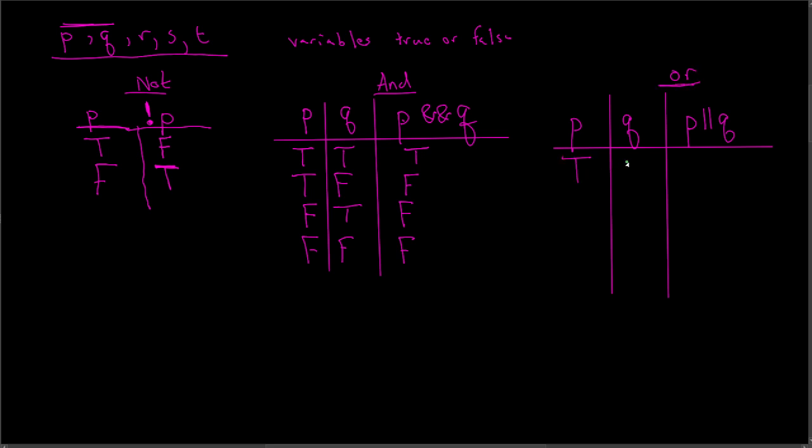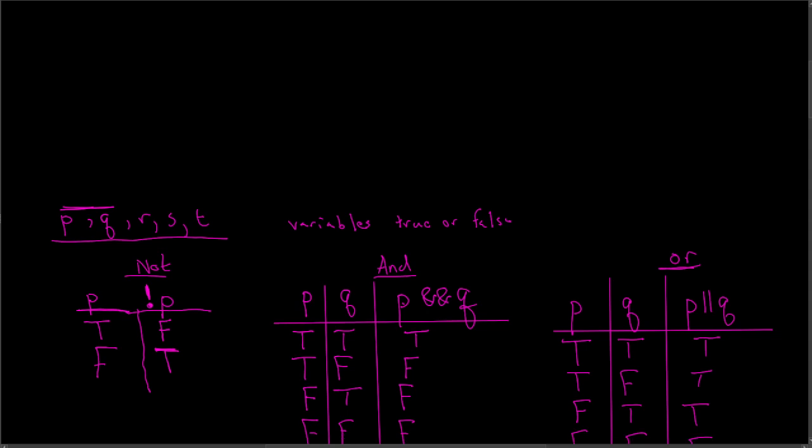Again, P can be true, Q can be true, P can be true, Q can be false. P can be false, Q can be true. P can be false, Q can be false. Well, if this needs one of them to be true, then that's true. That's true. That's true. And that's false. But the English language has a different type of OR when we do either this or that.